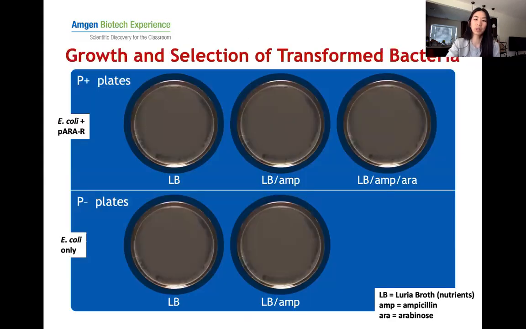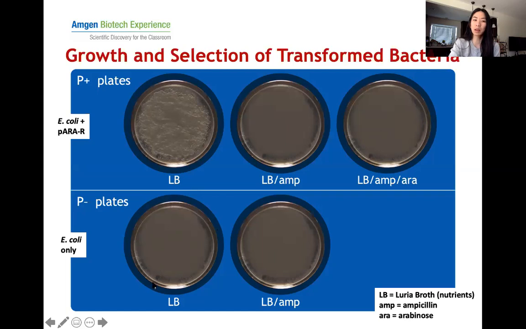Here are the options. This plate right here, LB, remember this is just nutrients. If the E. coli plus the plasmid is grown on the LB plate, you're going to get high growth. You're going to get a lawn because the bacteria are happy. This is like nutrients, it's food for them, they can just grow. So this is my starting point for you, and I want you to try to figure out what you think will happen on the other plates.